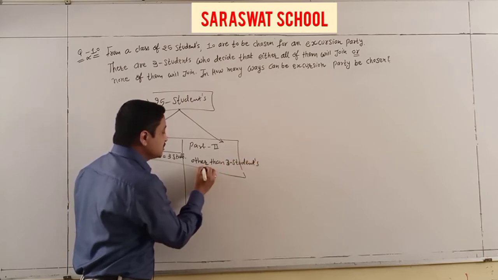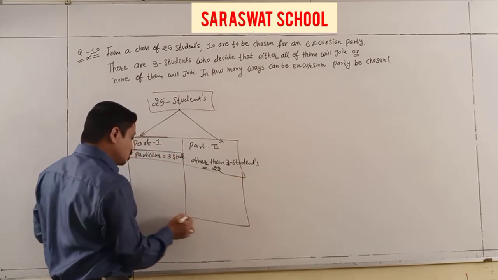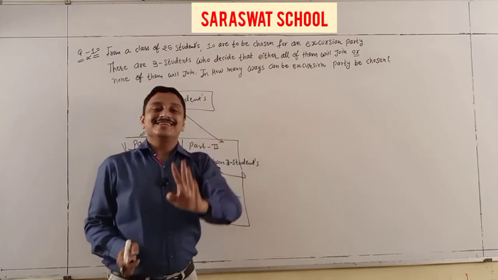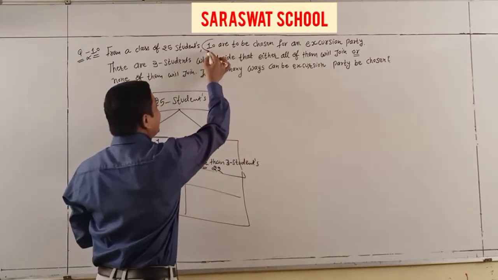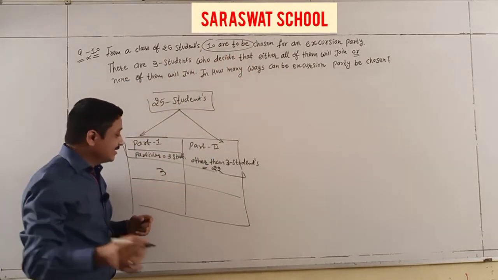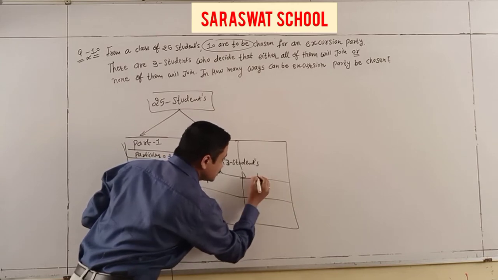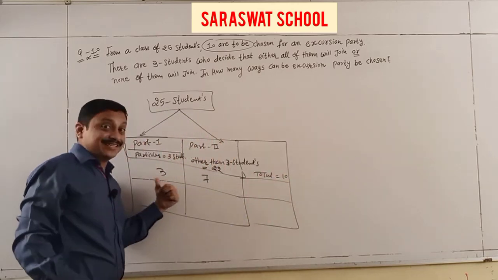It means how much? It is 22, total 25, and I want to join this party. Either they all 3 join. If all 3 join, then how many students are going to this party? 10. Here 7, because my total selection is 10. Here total, I want 10 in a party. So here 3, here 7.